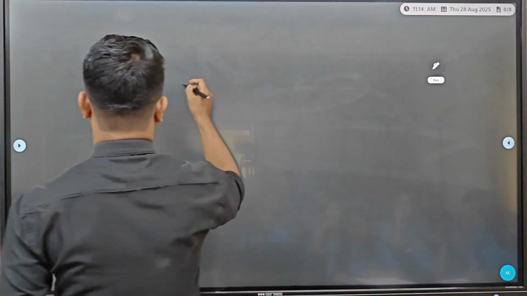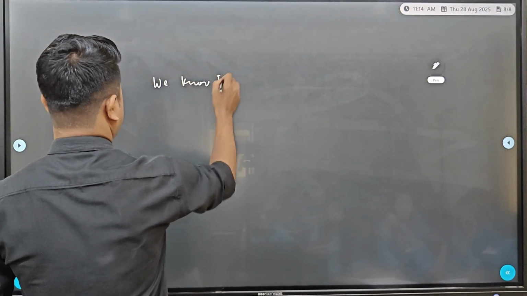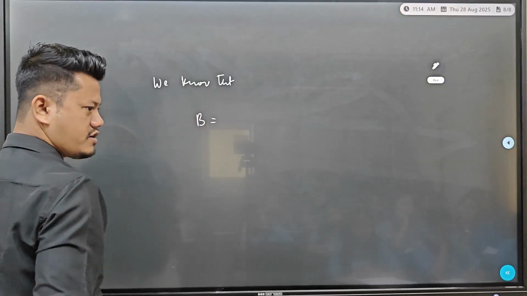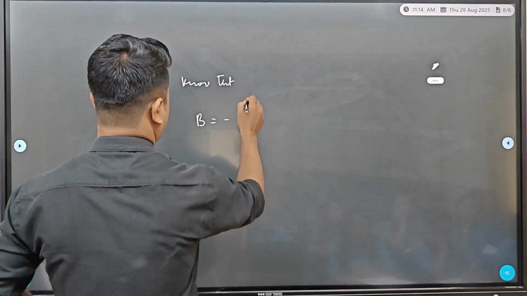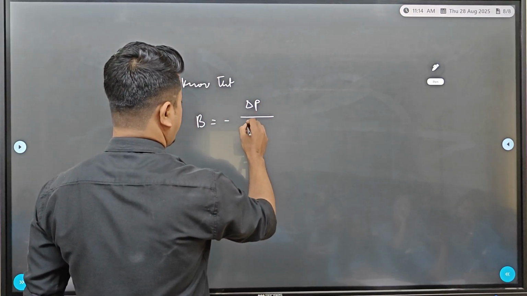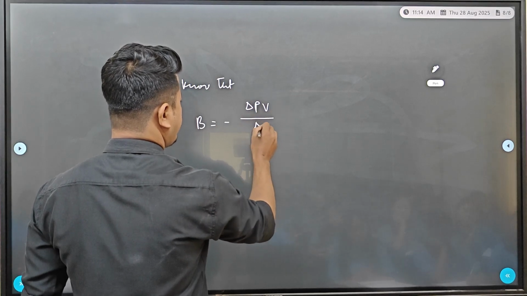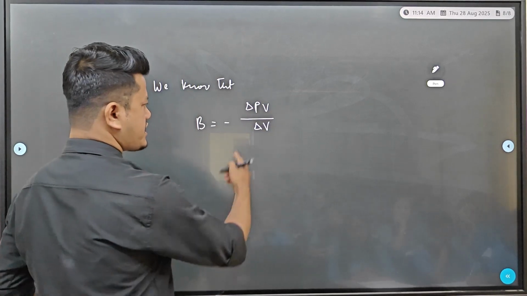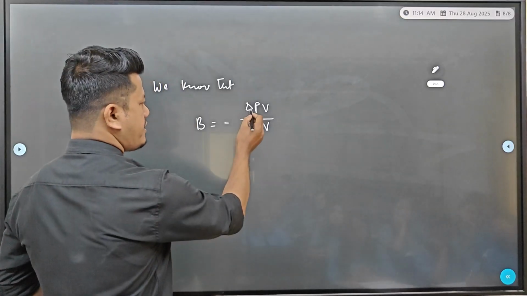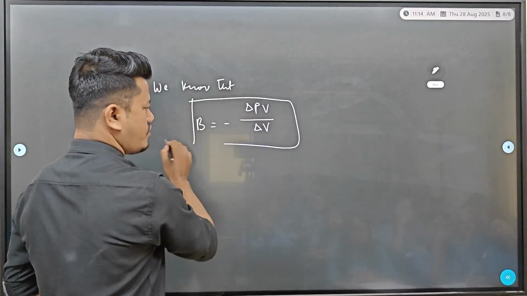So modulus of elasticity, we know that, what is the expression of bulk modulus? B equal to minus del P into V by del V, right? This is the bulk modulus expression. Yes or no?